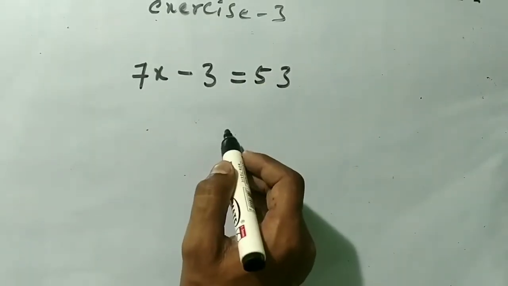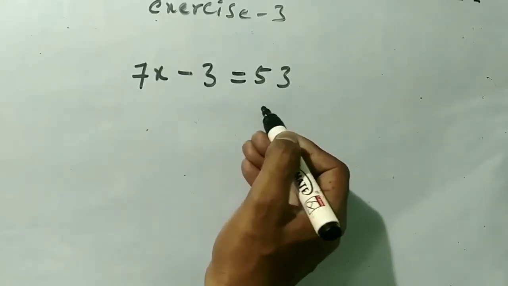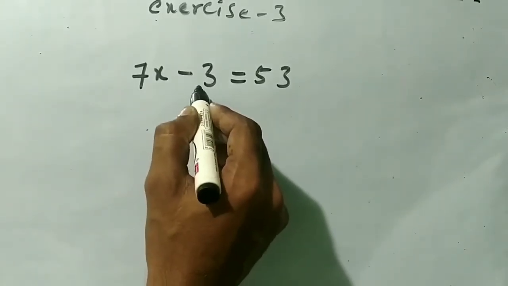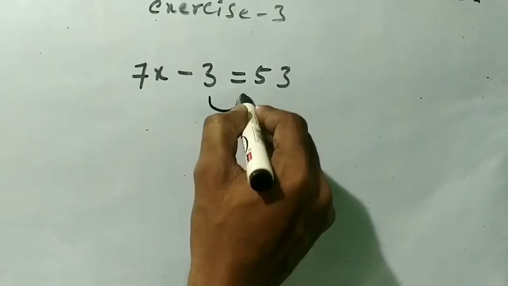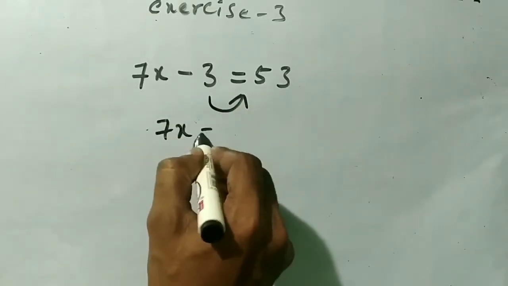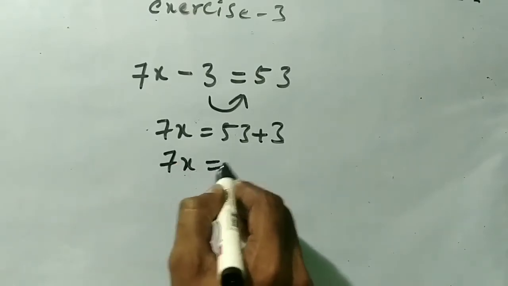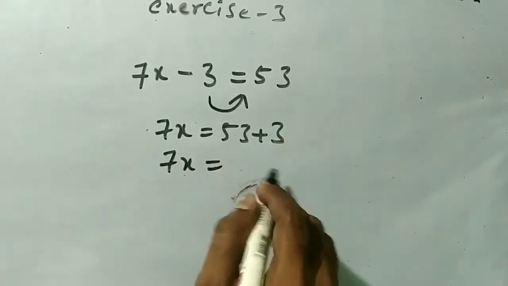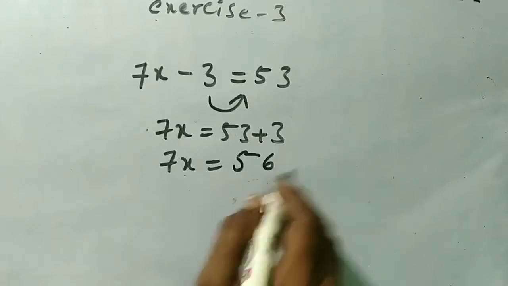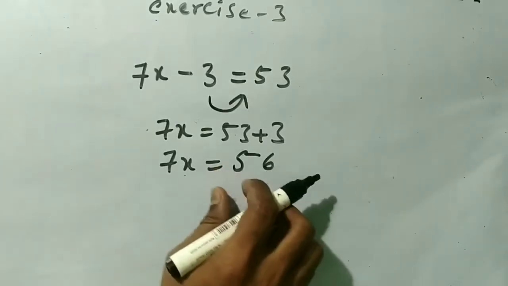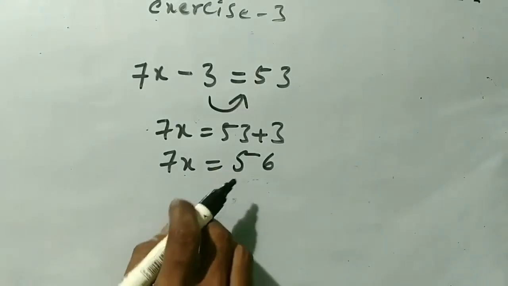We got the equation. When we get an equation, we can solve it easily. When minus 3 goes to the RHS, it becomes plus. So 7x is equal to 53 plus 3, so 7x is equal to 56. Here the 7 is multiplying with x.